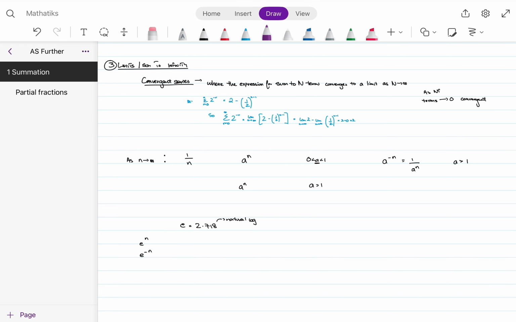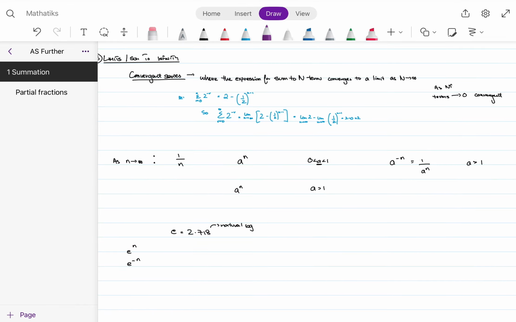When the terms approach 0, like the terms in a series get smaller and eventually become negligible, it'll reach a fixed sum, because eventually the terms are going to be so small that they just don't affect the sum anymore. Like if you have 50 and the thing you're adding on to 50 is like 0.00001, it's not going to affect it, right? Its effect is negligible. So that's what we're going to be looking at.